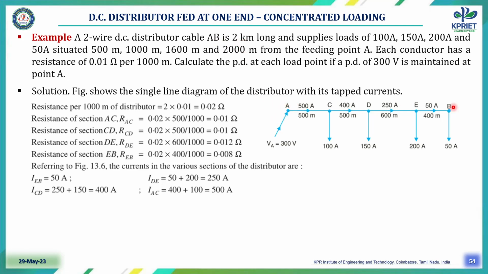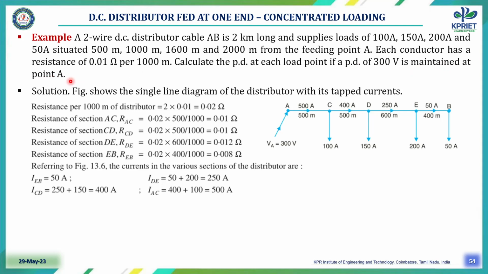Consider AB of length 2 km, which supplies loads of 100 amps, 150 amps, 200 amps and 50 amps situated 500 meters, 1000 meters, 1600 meters and 2000 meters from the feeding point A. So this is the actual feeding point A. Each conductor has a resistance of 0.01 ohm per 1000 meter. Calculate the potential difference at each load point if a potential difference of 300 volts is maintained at point A.